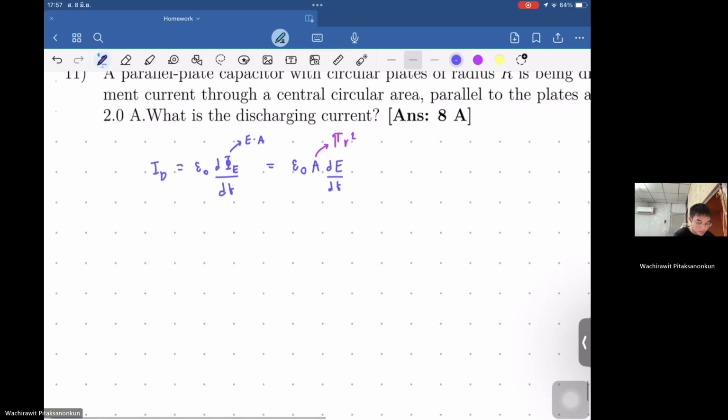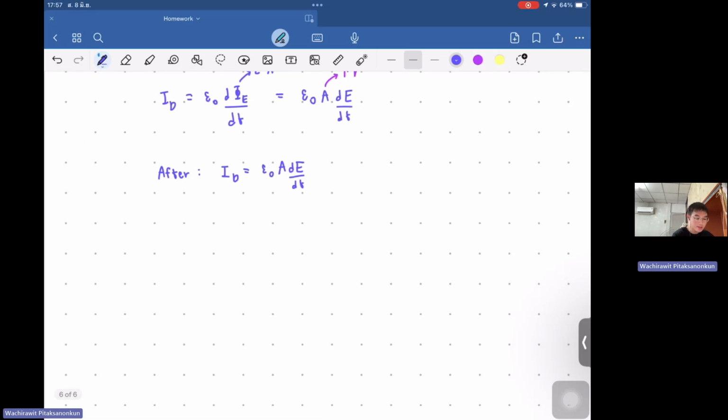So we put things like this. I_D. What we know is this displacement current is 2. Just like this, stay like this, pi r over 2 squared, and leave the rate like here.